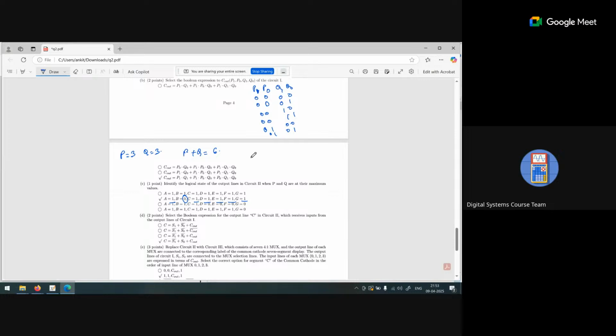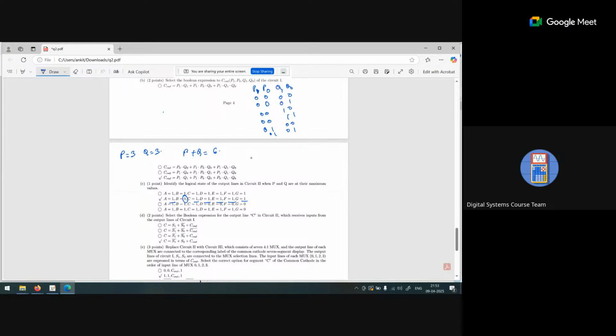Any doubt? For 2, C was 0, and for others it was always 1. Okay, so what is the meaning of 2?